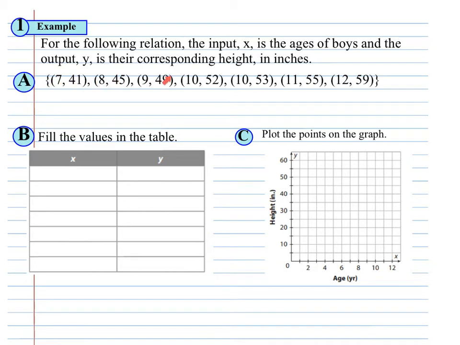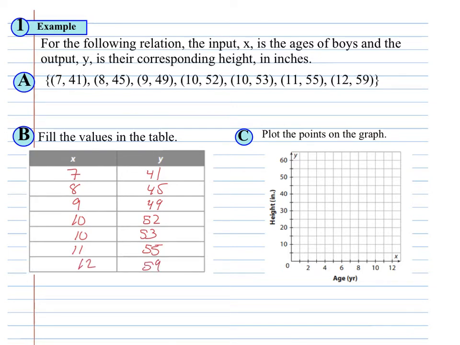We're going to use this information, write it in our table, and use that to plot on my graph. So very straightforward. You put your 7 here, your 41 there, because 7 is your input, 41 is your output. 8 and 45, 9 and 49, 10 and 52, 10 and 53, 11 and 55, and 12 and 59.